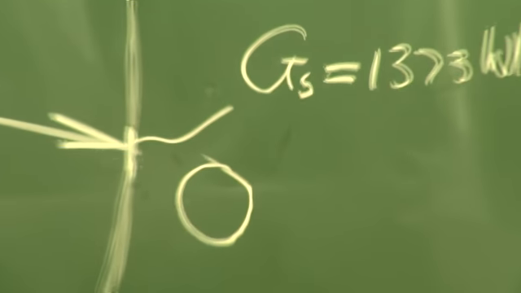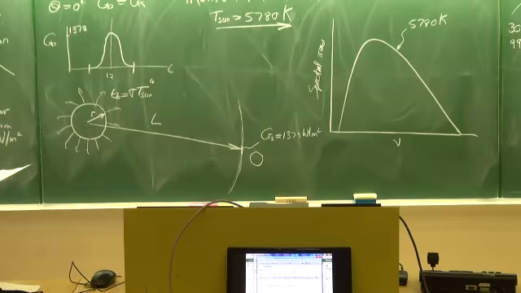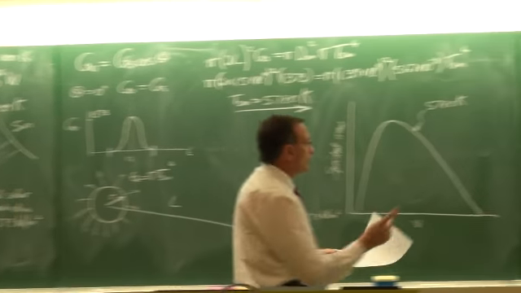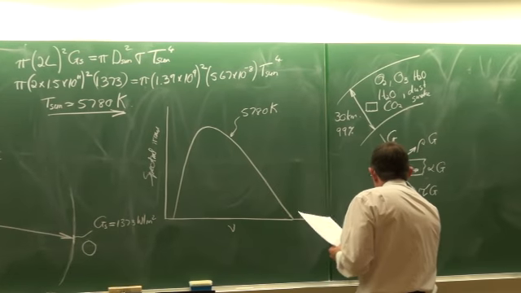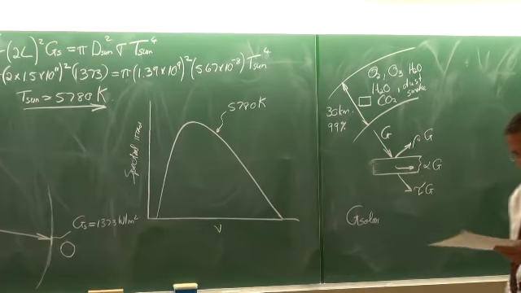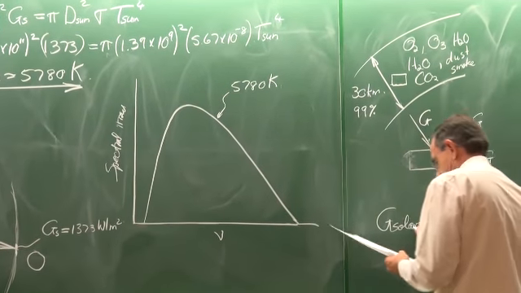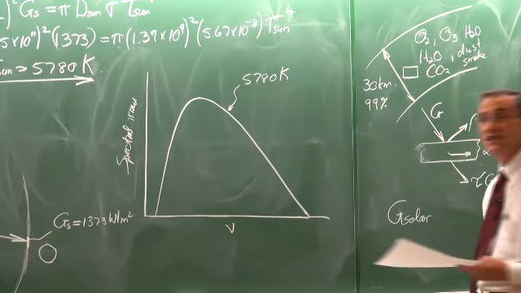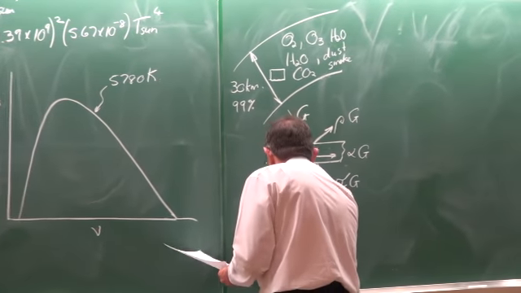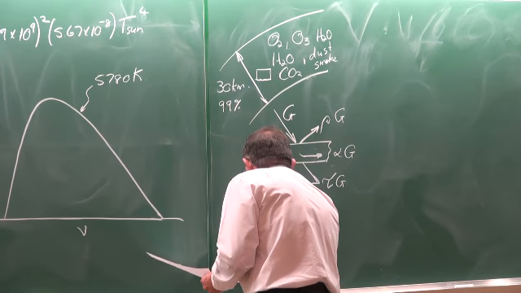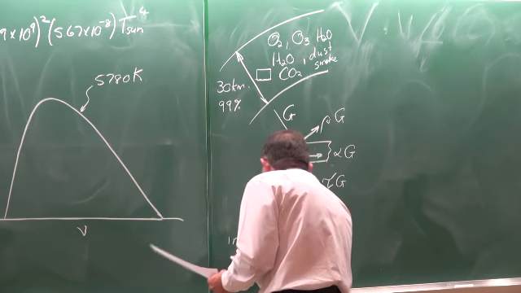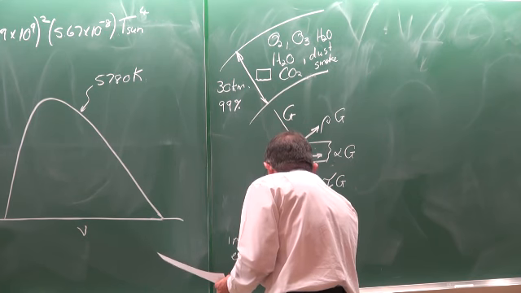Now, in terms of how to quantify this, in terms of the G0, the GS, etc., what we do is we would say the G of solar, which is the solar radiation incident on the Earth, on the ground.